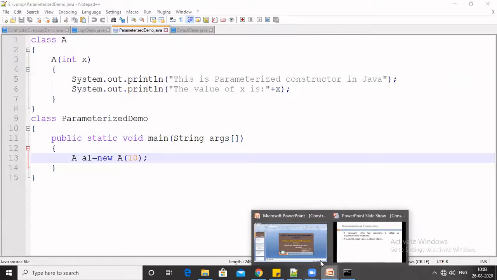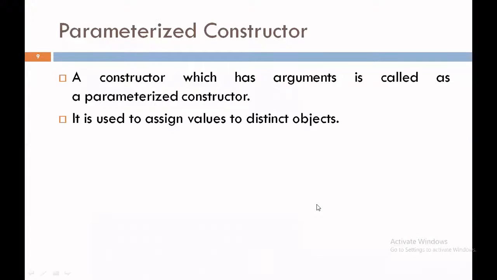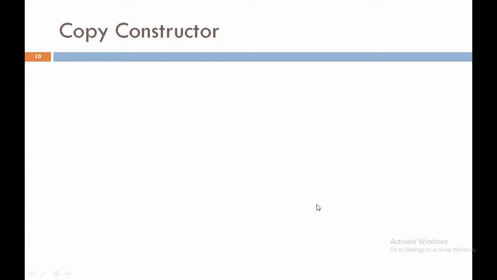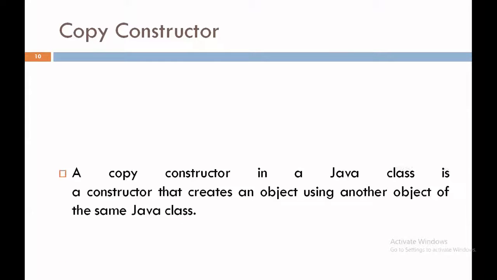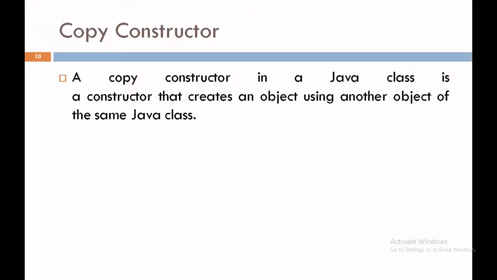Let's see another type of constructor, and that is the copy constructor. A copy constructor in a Java class is a constructor that creates an object using another object of the same Java class. That means we can say that like C++, Java also supports a copy constructor.